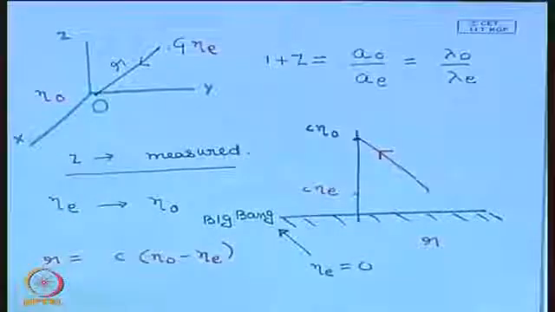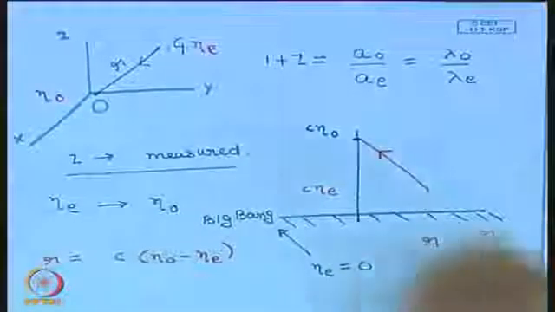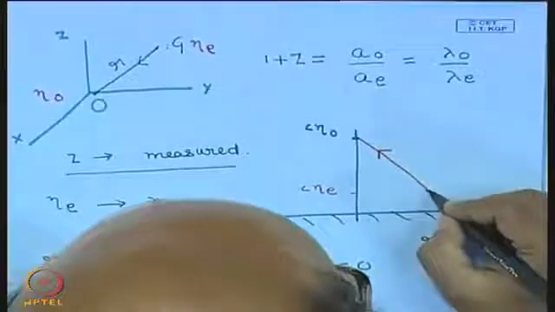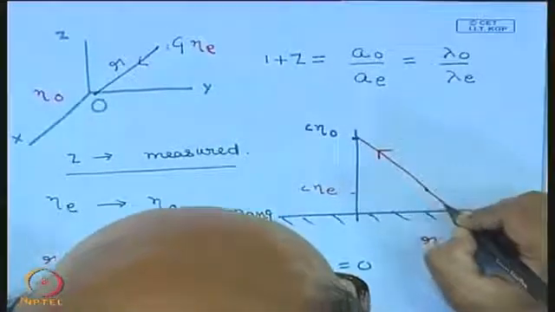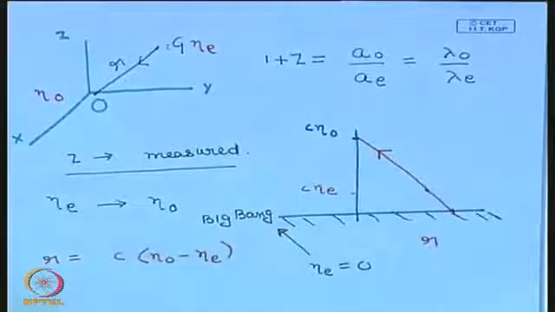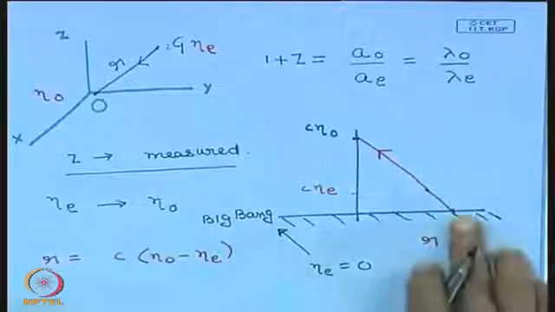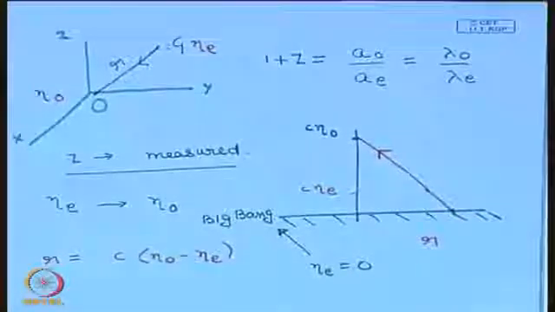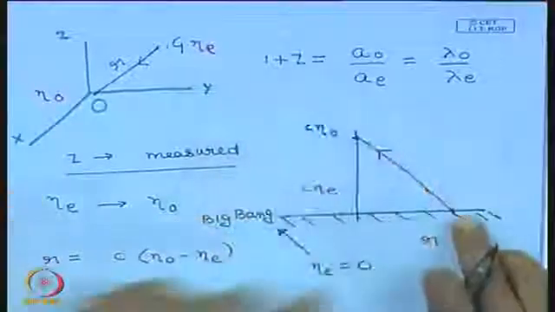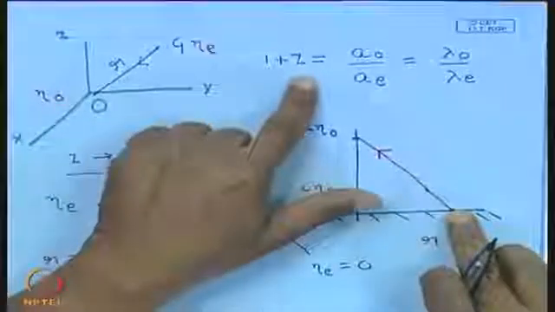So the furthest distance from which light could reach us is this. If you can receive radiation from this distance, that is the Big Bang. The scale factor is 0, so the redshift is infinite.